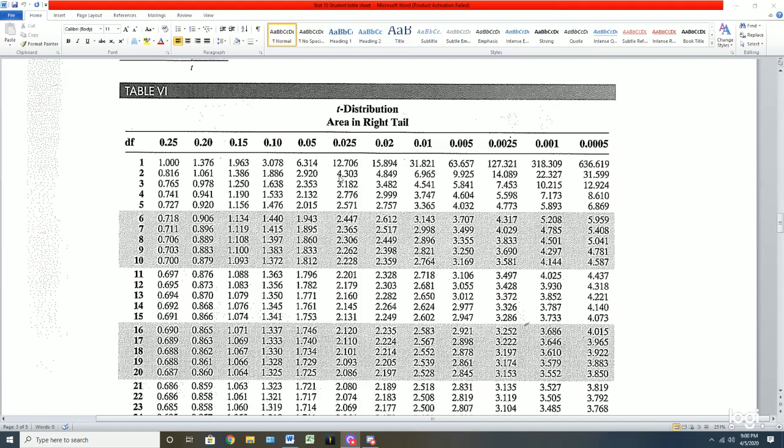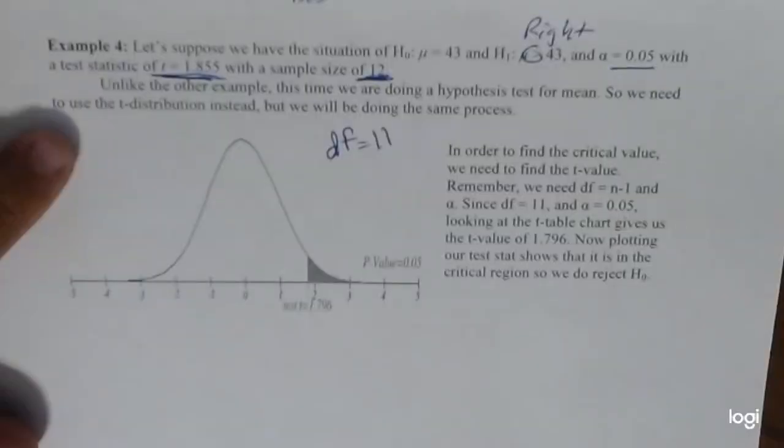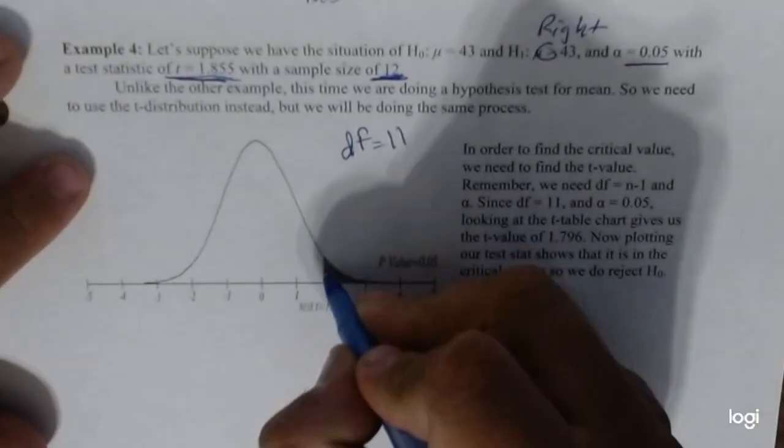If we go back to our table, alpha being 0.05 and degrees of freedom 11, we get a t-value of 1.794. That is how we find the critical values using t-values.